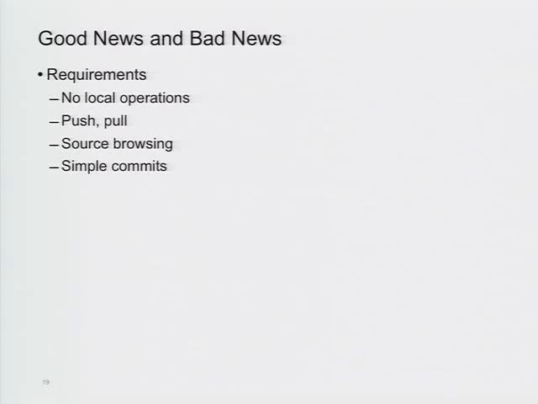We only care about the network operations, that is push and pull, and whatever we have to do to support our web front end, the source browser. And we have to do very simple commits for the wiki, which project wiki is stored in a Mercurial repository as well. But other than that, it's mostly push and pull and some querying.